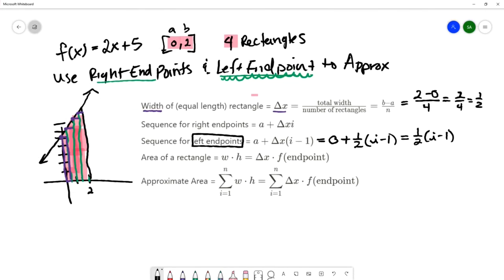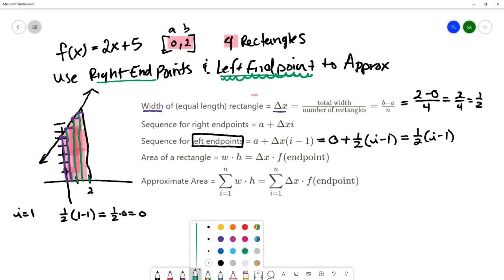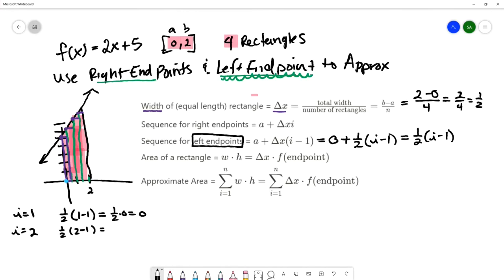So let's let i equal 1. If i equals 1, then the sequence is 1/2 times 1 minus 1, which is 1/2 times 0, and that's 0. The first left endpoint that we have, let's see if I can mark that in a different color so you can see where I'm marking it. That first left endpoint is at 0. If i is equal to 2, then 1/2 times 2 minus 1 is 1/2 times 1, and that's 1/2.